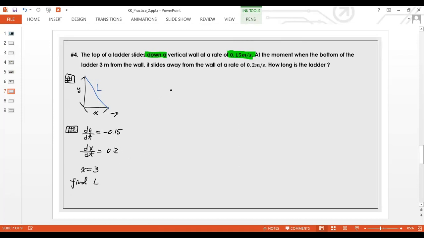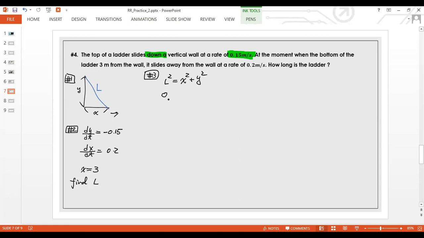Okay. So now after all this information, let's take a look at step number 3. We want to combine those things. This one is obviously the Pythagorean theorem. So I would say L squared is equal to x squared plus y squared here. Okay. And now I'm going to take the derivative of both sides.